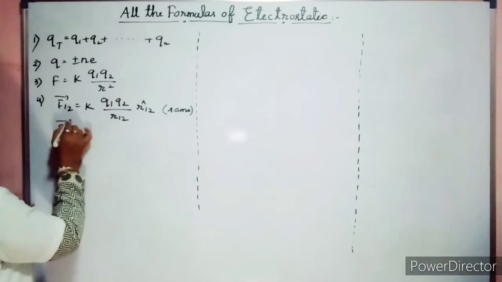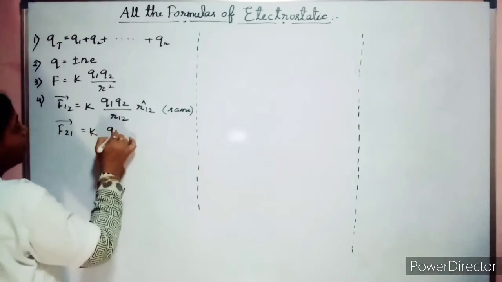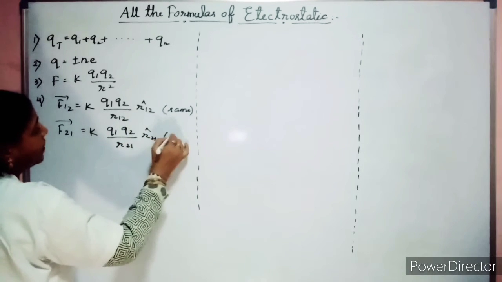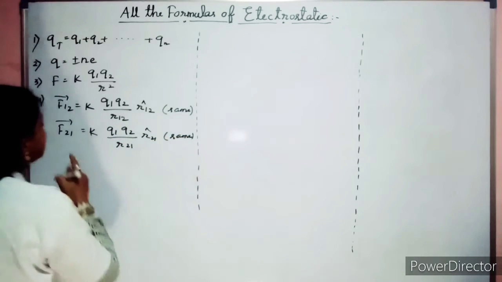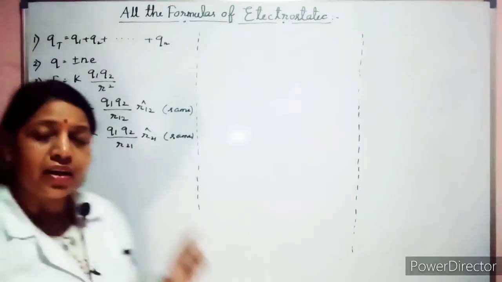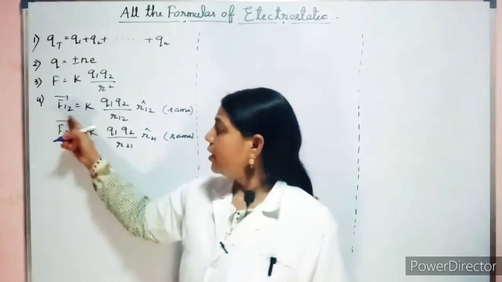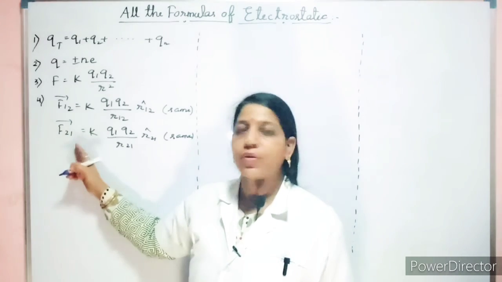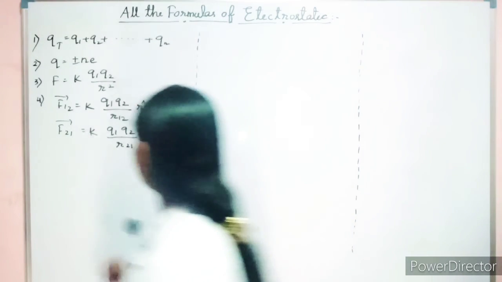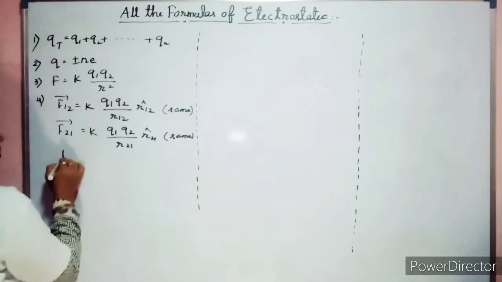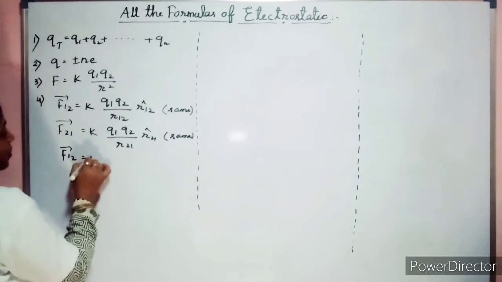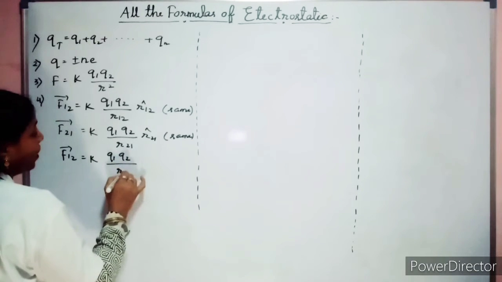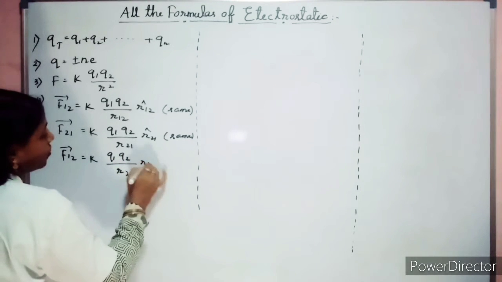Similarly, F21 vector is K Q1 Q2 by r21 square into r21 cap. It is for the same charge. You can find your force at Q1 due to Q2, and here force at Q2 due to Q1. Next, if it is of opposite charges, then F12 equal to K Q1 Q2 by r21 square into r21 cap.